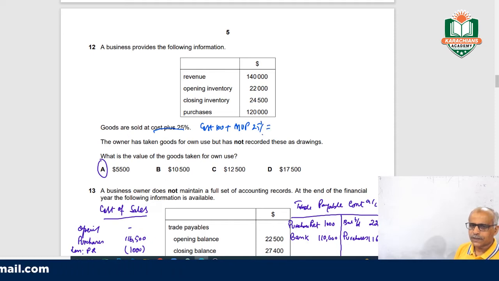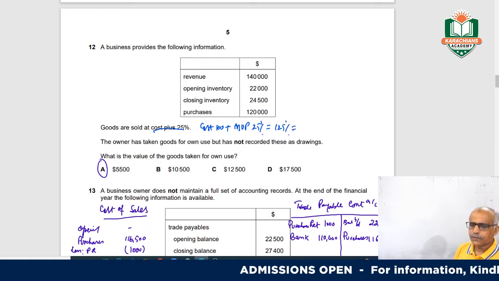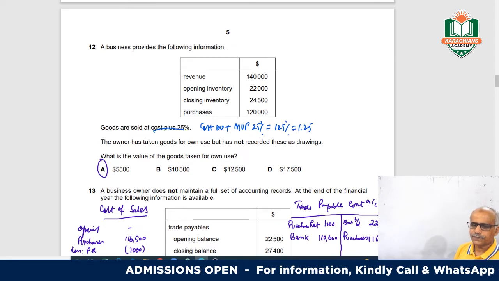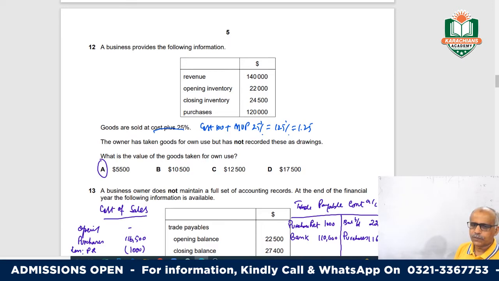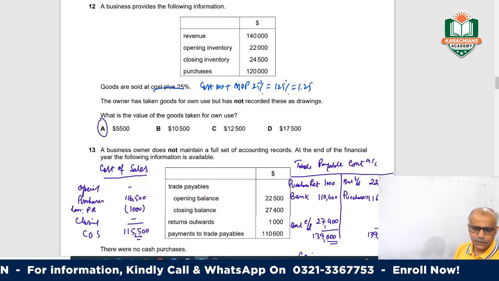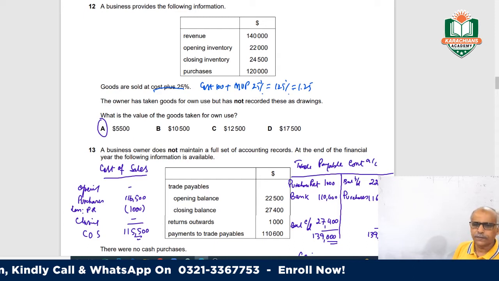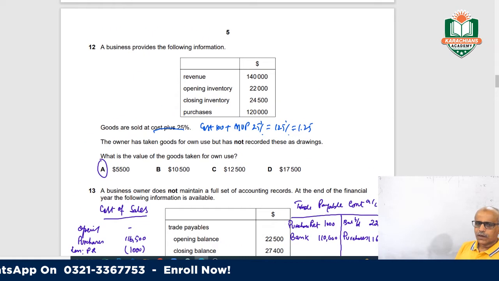Then your sales is 125%, which means 1.25. Okay.